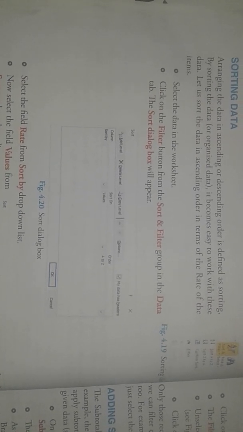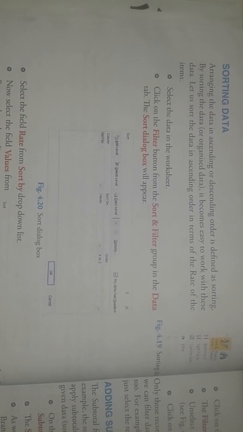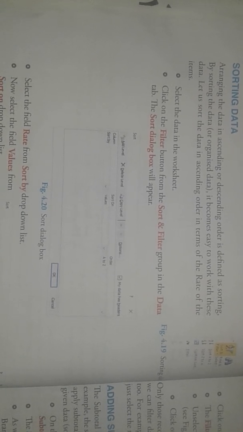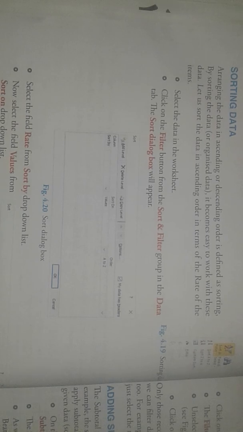How are we going to sort the data? First of all, we select the data in the worksheet, then click the Sort button from the Sort and Filter group in the Data tab.